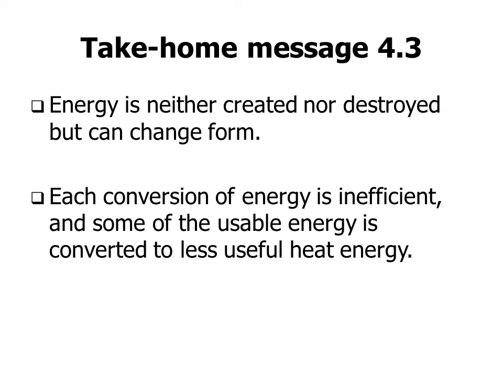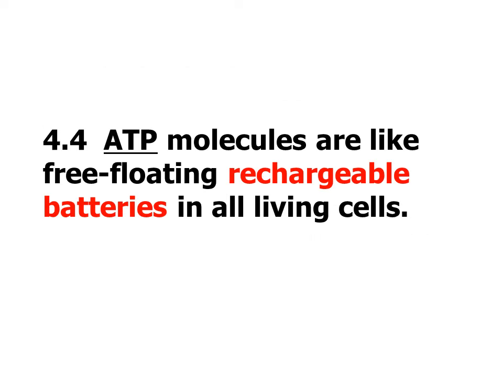Now that we understand that organisms on Earth cannot capture every single bit of energy released by the sun, and that energy conversion is inefficient, we can look at the chief energy currency of the cell, which is ATP. You can think of ATP molecules like free-floating rechargeable batteries for your cell.